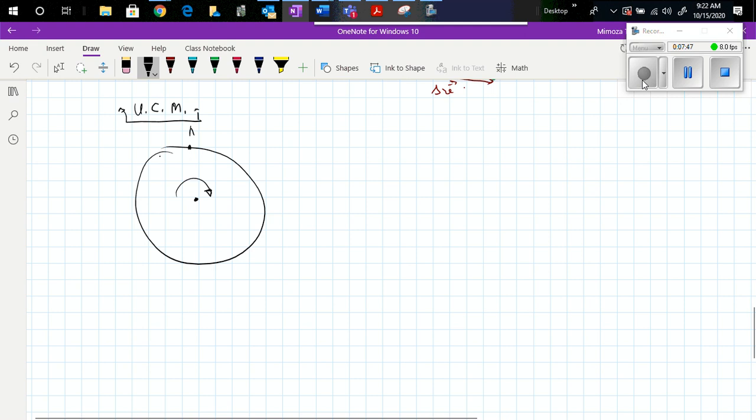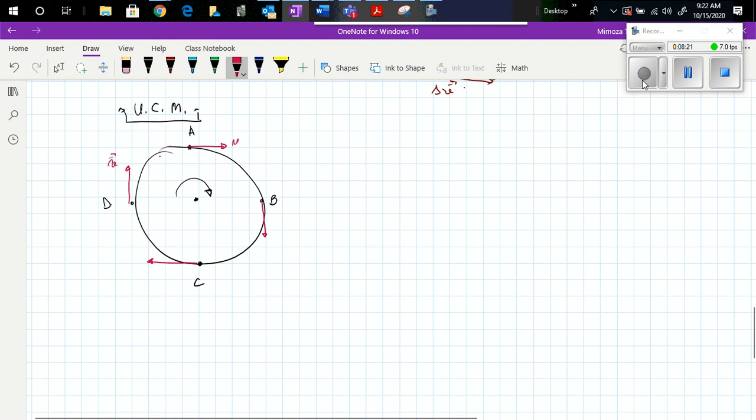It starts at point A, and then it moves to point B, followed by point C, and then point D. So now we said that the velocity, being a slope of the displacement, is something like this. So this is the velocity at A, this is the velocity at B, this is the velocity at C, and here is the velocity at D.